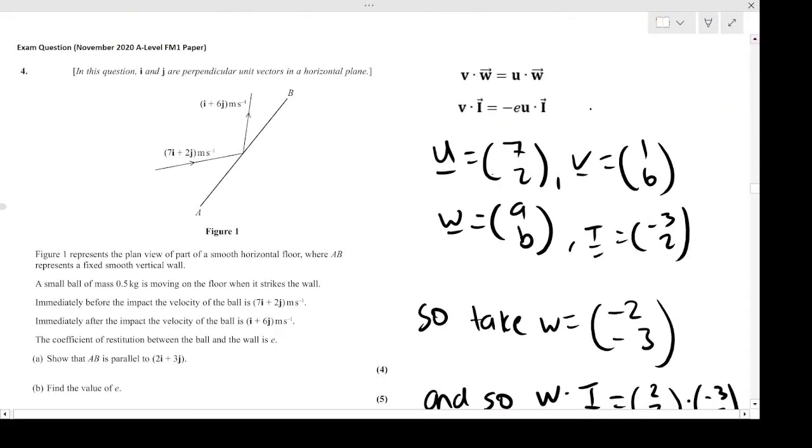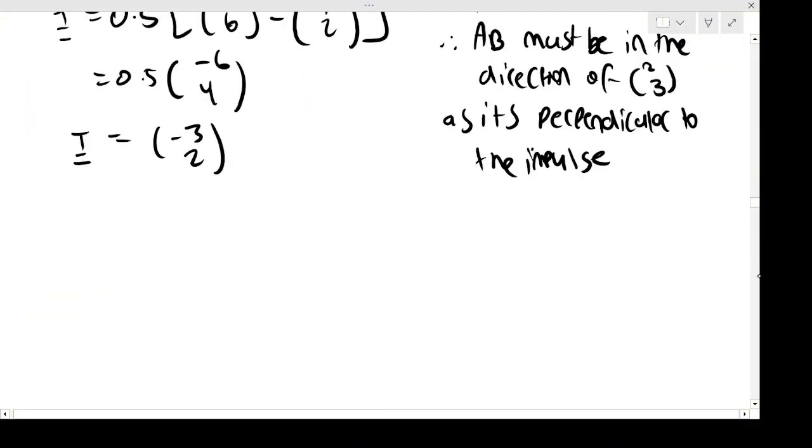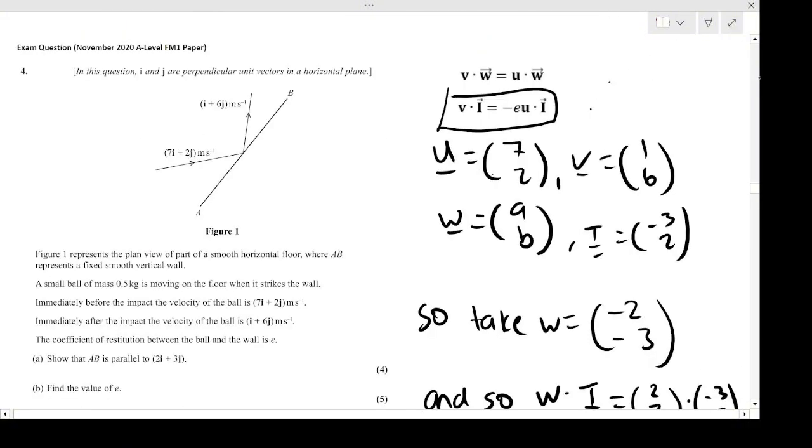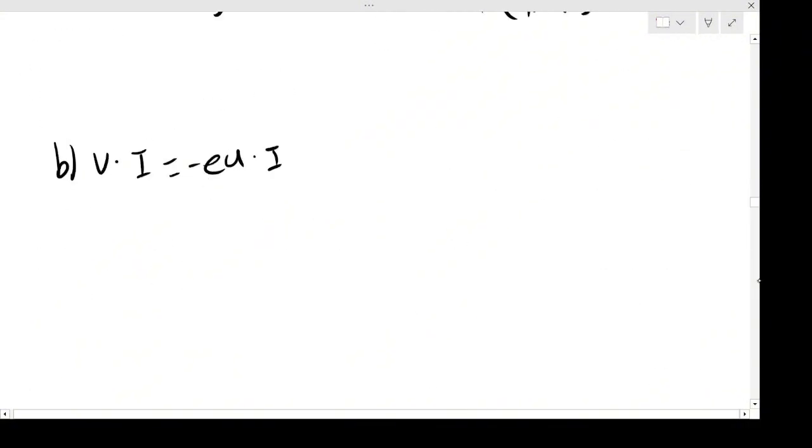And then it says in part B to find the value of e. Well actually, now if we look at our equations, can't we just use the second one with e? Because we know what v, I and u are, don't we? So it's just a very straightforward application of this equation here. So I'm going to say that v dot I is minus e u dot I. So in this case, v was (1, 6).